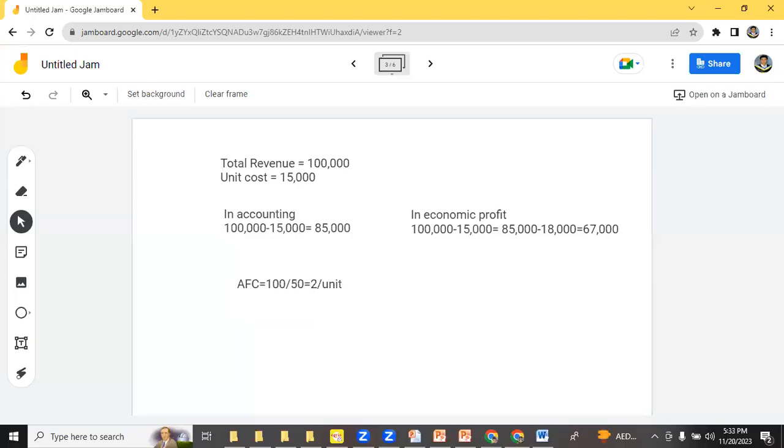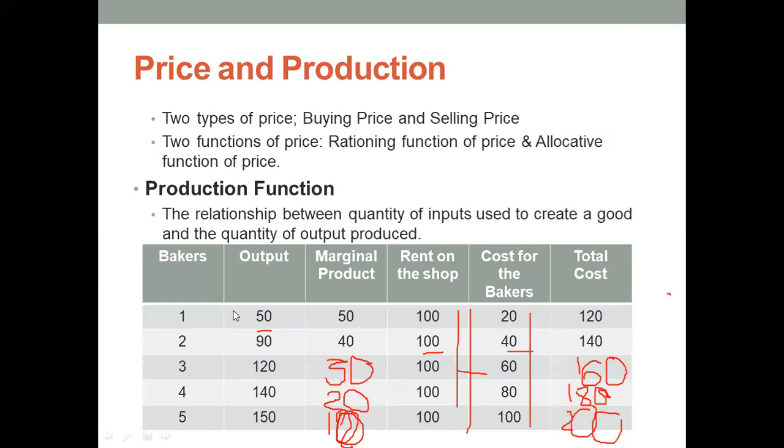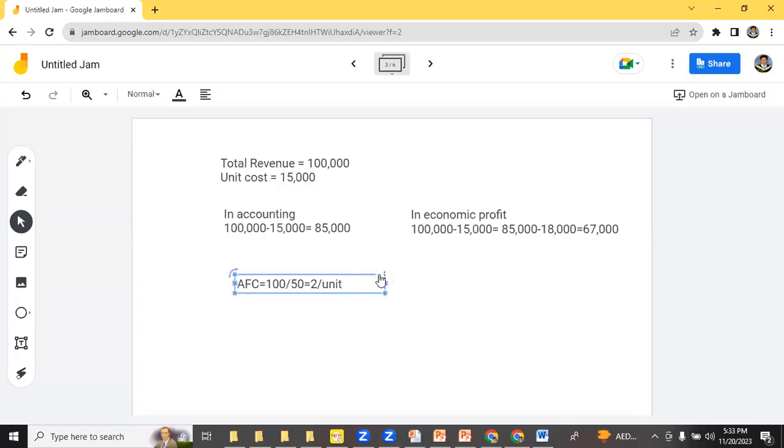Now, for average variable cost, so same bracket tayo. So dito lang tayo sa first tanay, sa first baker. Your AVC or average variable cost is pila to? 20 pesos divided by 50 units.